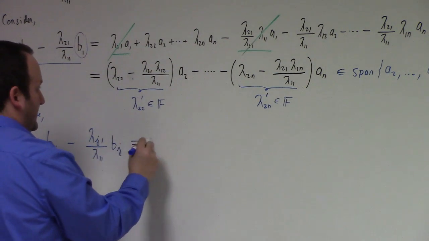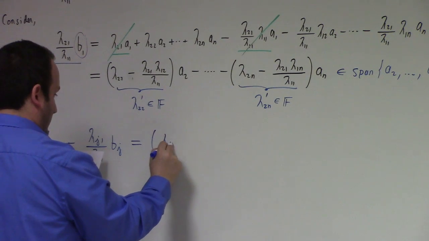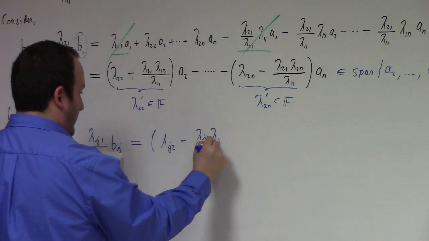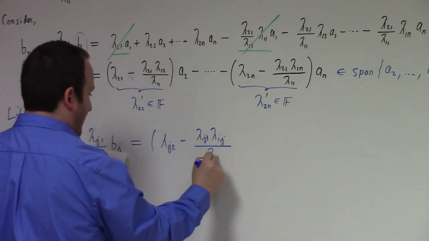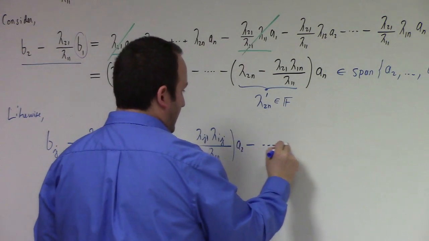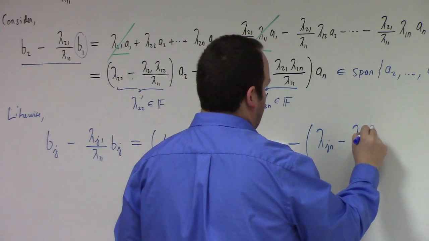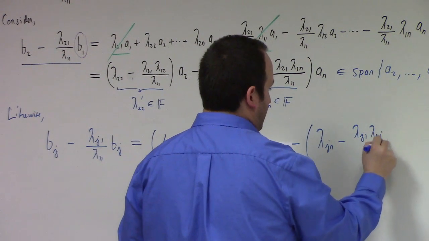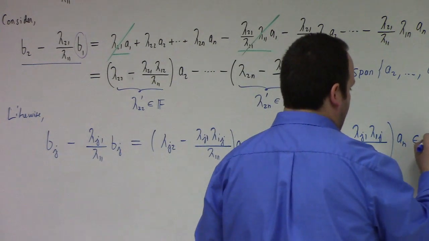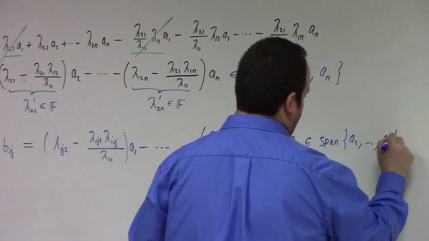And you'll just be left with basically the same thing, but this time you'll be left with lambda j2 minus lambda j1 lambda 1j divided by lambda 1,1, a2, and then minus lambda jn minus lambda j1 lambda 1n divided by lambda 1,1, an, which of course is an element once more of the span of a2 through an.